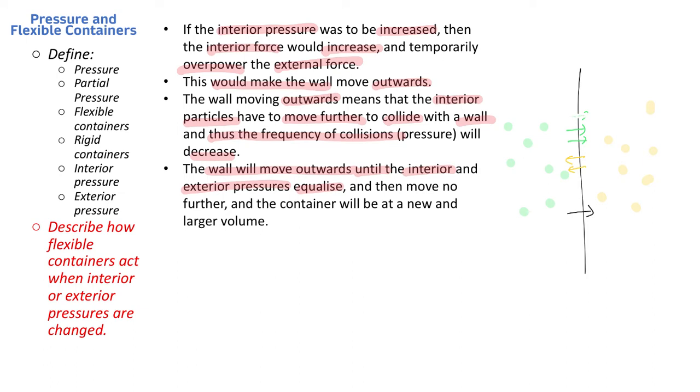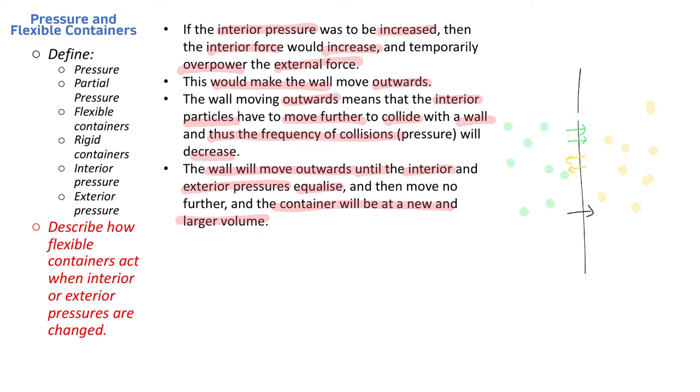Okay, I'm going to delete one of those arrows this way. Those arrows will decrease because the wall has moved outwards, and they're going to continue to decrease until the wall has moved outwards sufficiently so that the two pressures equalize. And now the container will be at a new and larger volume. So that's the idea there.